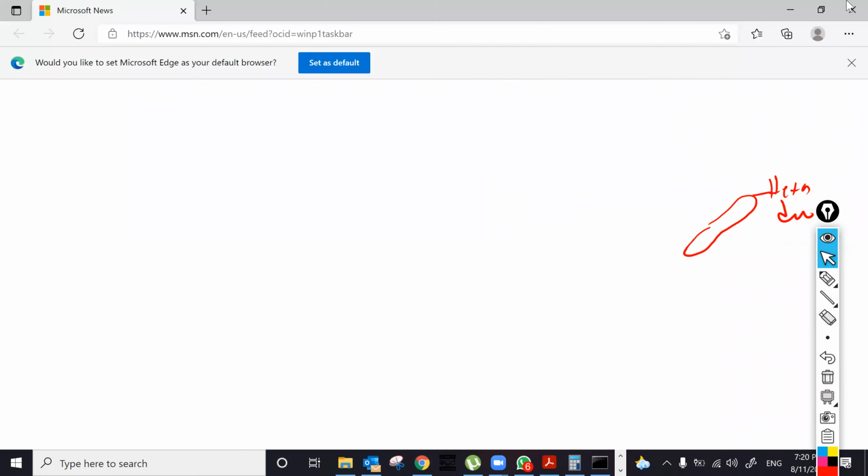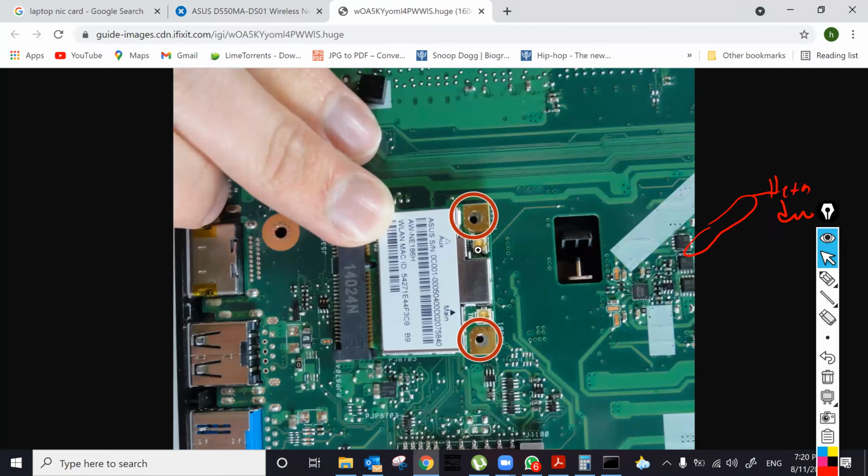See, this is WLAN. What do you mean by WLAN? WLAN means wireless local area network. It has a MAC ID. See, this is called hexadecimal. So this is a unique ID. Remember, MAC ID is a unique ID.